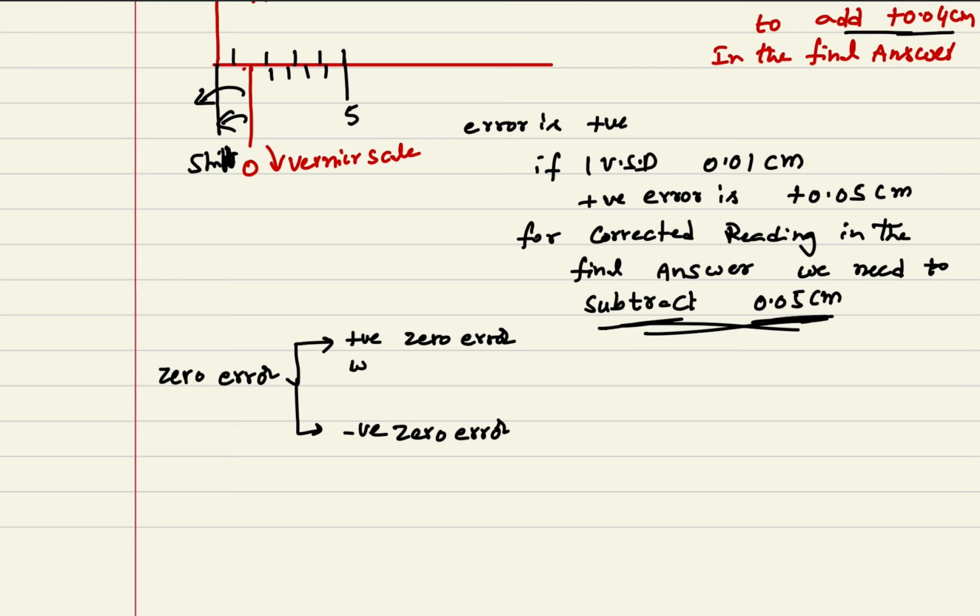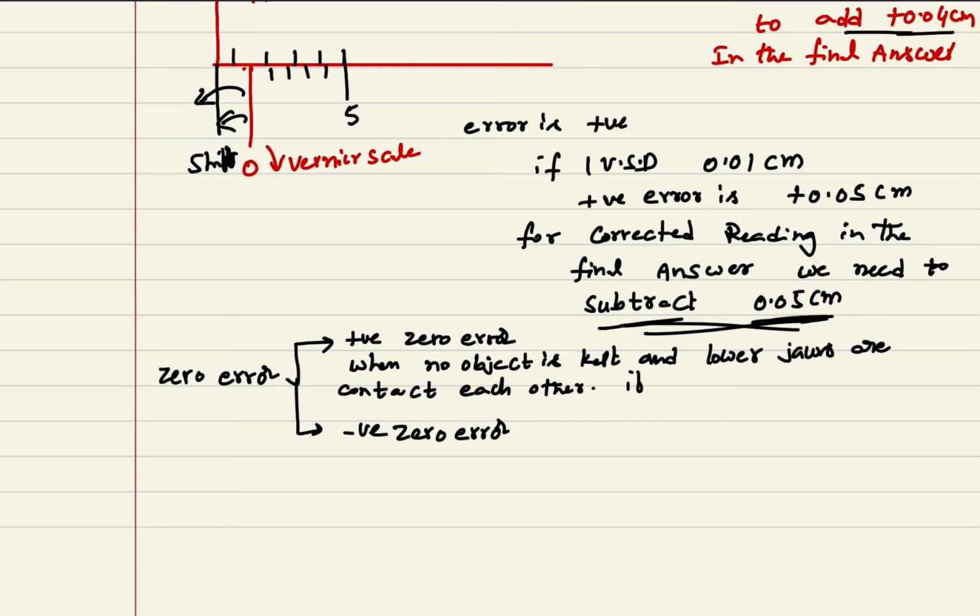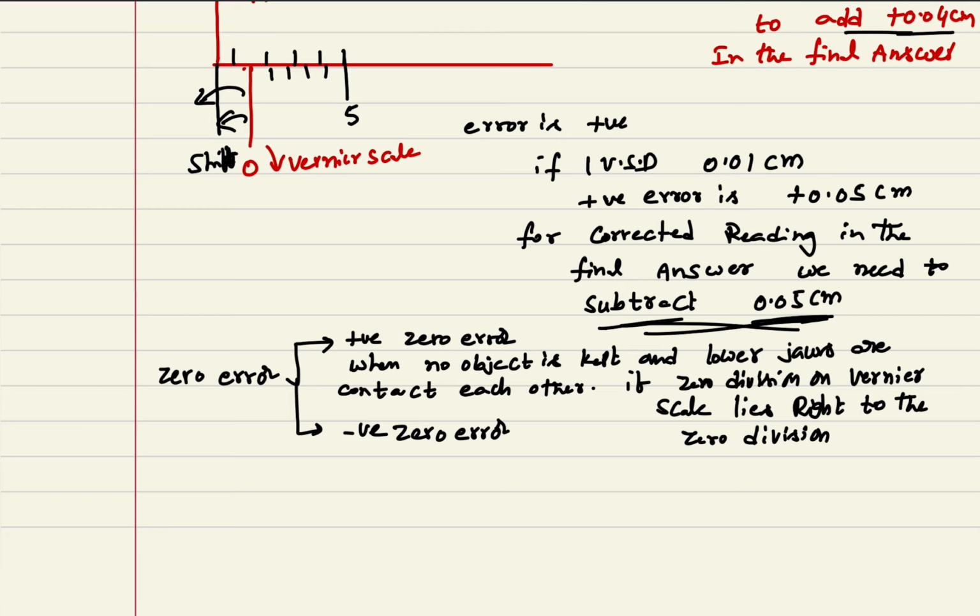Positive zero error means when no object is kept and the lower jaws are in contact with each other, if the zero division on the vernier scale lies right to the zero division on the main scale, that error is positive zero error.